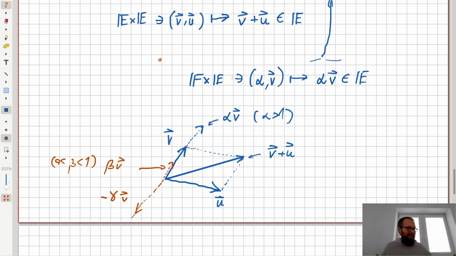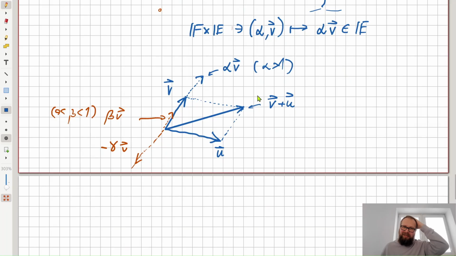Now the interesting part, because this all imposes a very nice structure onto vector spaces. That's what makes it so useful. You look at this picture and think, okay, how big is this vector space of ours? How big is E, this container? How many things are there?